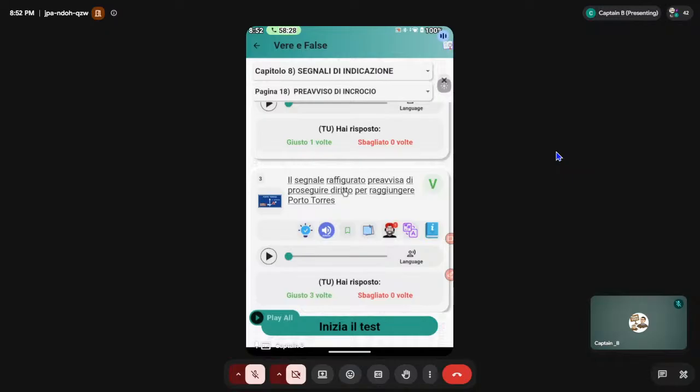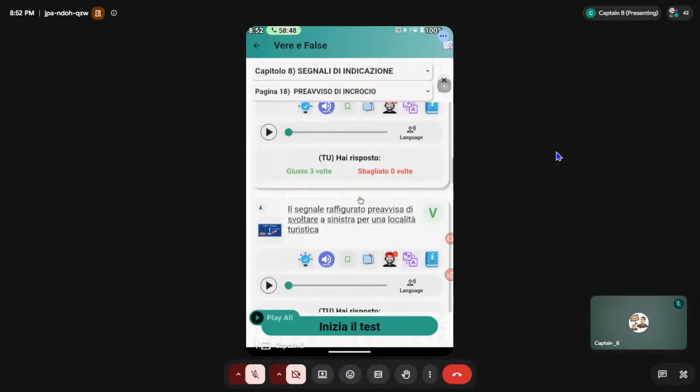Dritto, proceed straight. Raggiungere means to get to, to reach. Reach where? Porto Torres. Porto Torres is found in a straight line. Proseguire what? Dritto, straight to get to it. Look at the name, so don't tell me that you didn't see it.